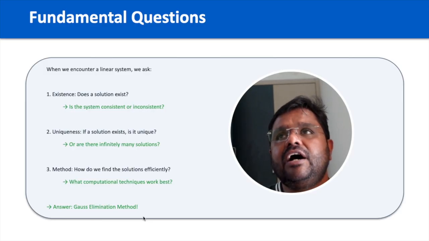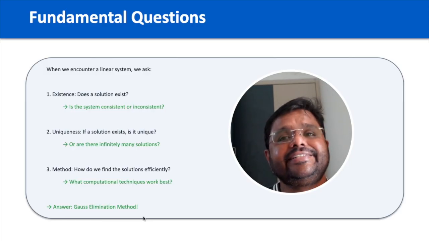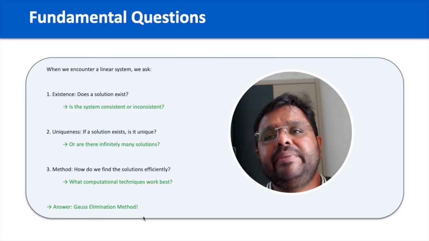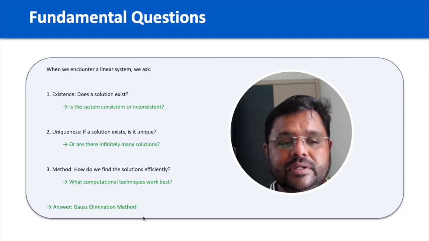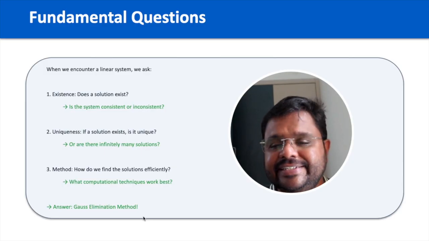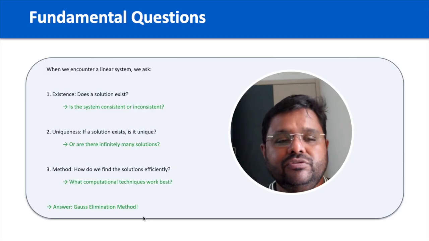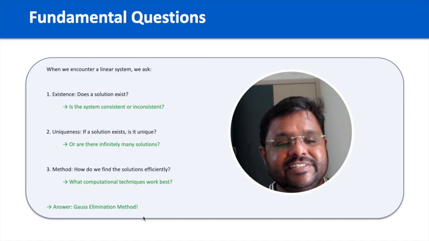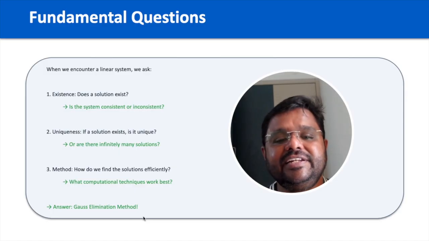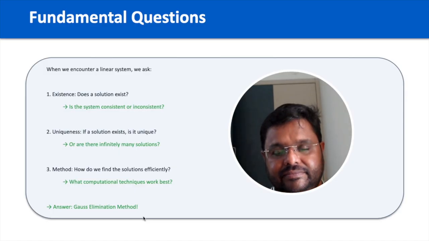So when we encounter a system of equations, what are the basic thoughts we should have in our mind? The first one is, does a solution exist? Is there any solution there? That is the first question. Mathematically, it is called whether the system is consistent or inconsistent.